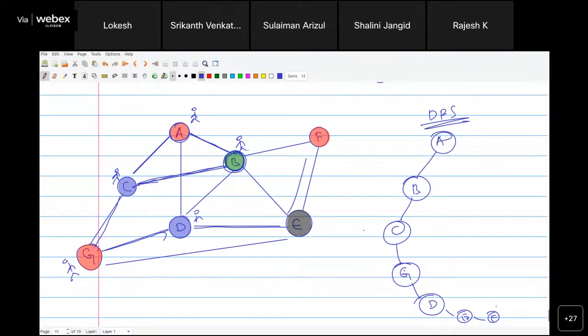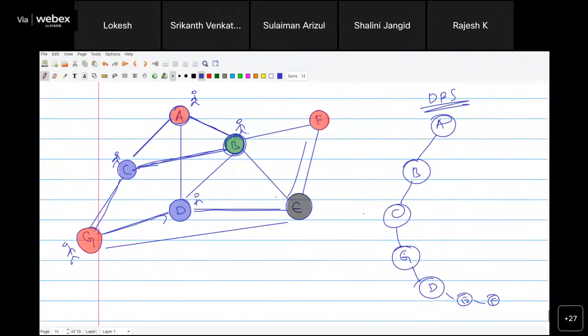So it's like depth, we will go in deep. By picking one branch, we will go to the next neighbor vertices, until we reach a dead end point. In this particular graph, we didn't reach a dead end point.